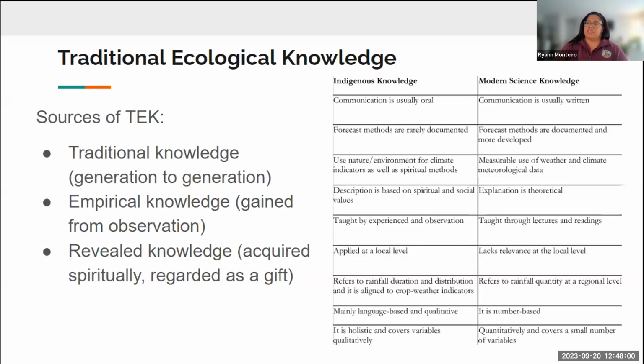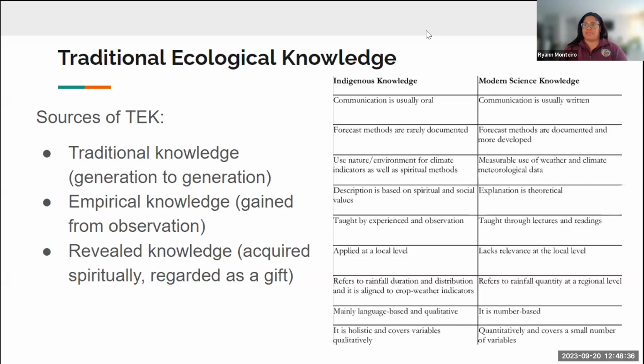So we see here on the right a chart of indigenous knowledge and modern science knowledge. We have the oral versus the written, forecast methods being rarely documented versus forecast models and methods being documented. Indigenous knowledge being applied at a local level versus modern science knowledge lacking relevance at the local level.